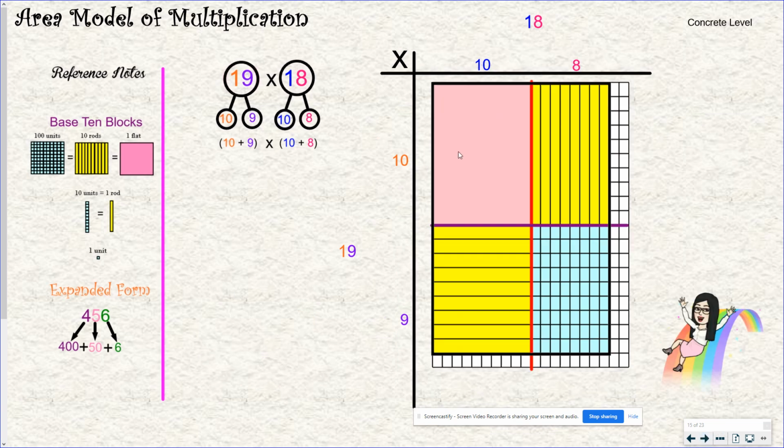Now I replaced my pink squares that I had shaded in the previous slide with a flat. I also changed these into rods, these into rods, and these into units. This is just to give you a visual of what's actually happening when you start multiplying.